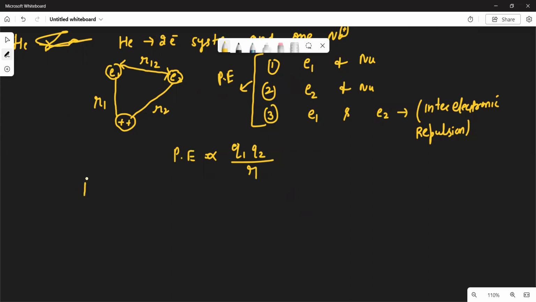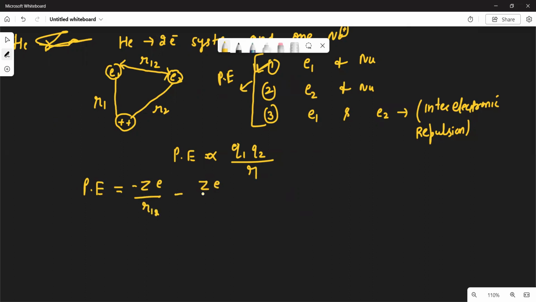So the first potential energy term I'm going to write is for the first interaction, between electron 1 and the nucleus. Q1 means the charge on the nucleus, which is Z, and the charge on the electron is minus e. So I'm writing minus Ze upon the distance R1.